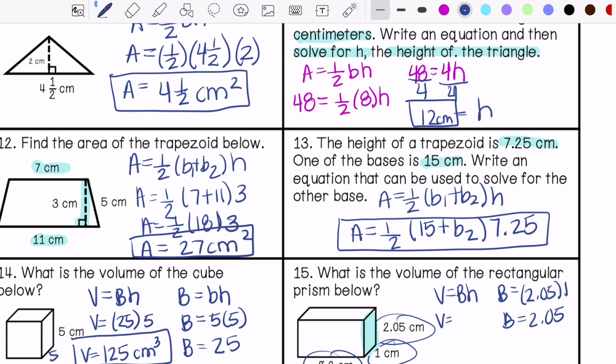We're going to plug that back into volume. And if you multiply those two together, 2.05 times 8.2 is 16.81 centimeters cubed.